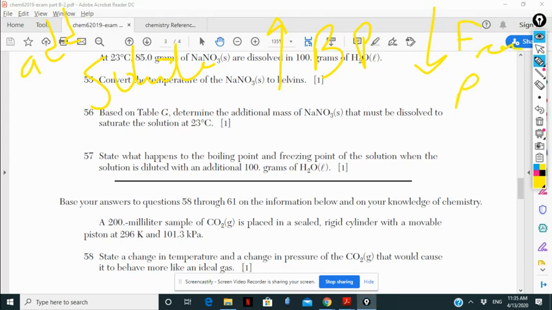Now if I remove solute or dilute, it's the inverse, meaning decreasing the boiling point and raising the freezing point.